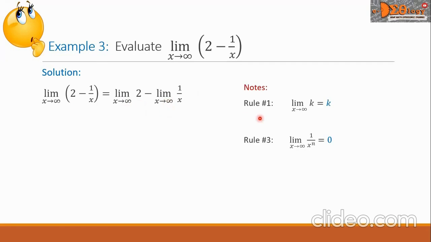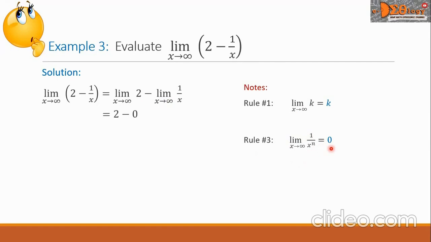Take note that rule number 1 says the limit of the constant k as x approaches infinity equals k, while rule number 3 says that the limit of 1 over x raised to n as x approaches infinity equals 0.